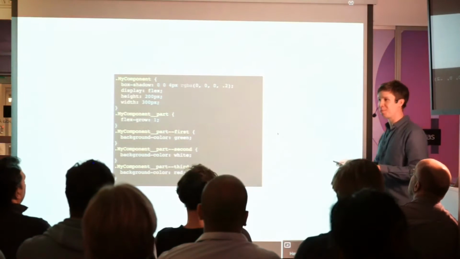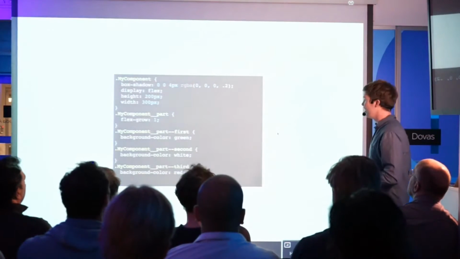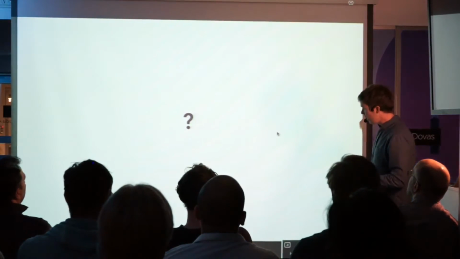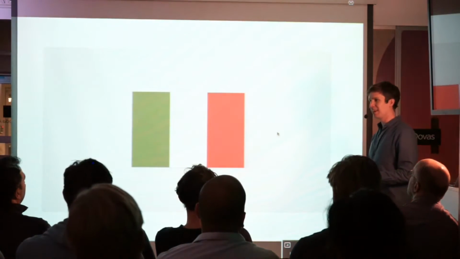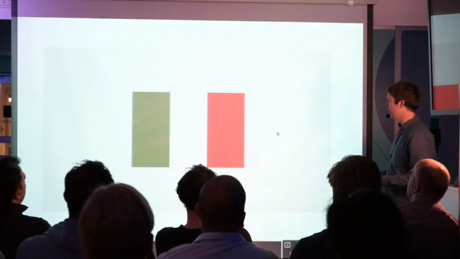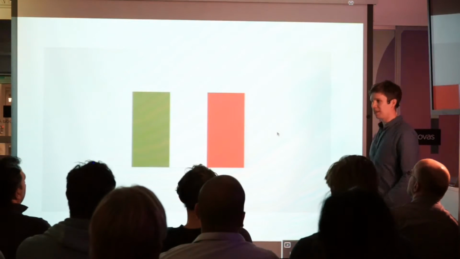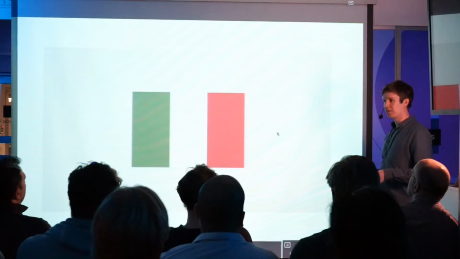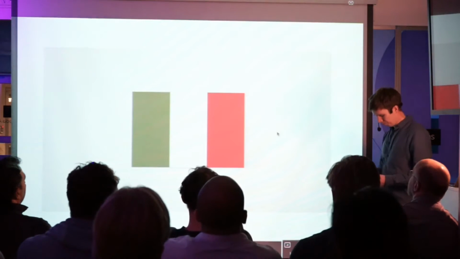You're not meant to parse this in your head and figure out what it looks like, because it's hard. And then we end up with something that looks like a flag. Is that Italy? I think it's Italy. All right. Now, for Chrome, this was done in less than a millisecond. So we're pretty bad at reviewing CSS changes and figuring out what the result will look like.